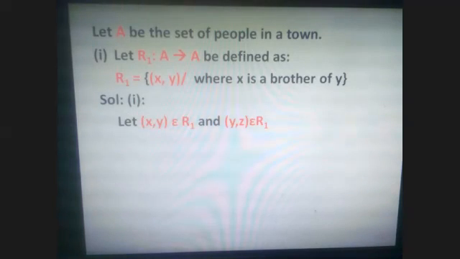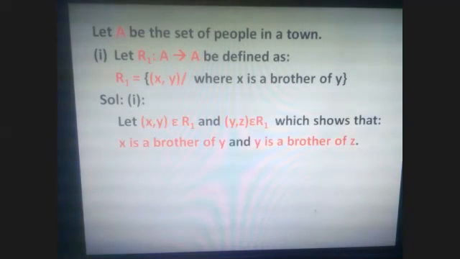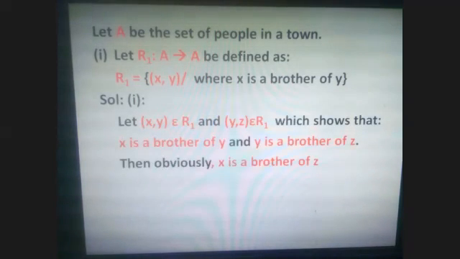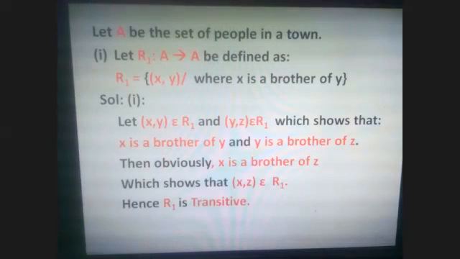Are you hearing? Yes, sir. Yes, x is a brother of y, y is a brother of z. Naturally, x is a brother of z. So (x, z) is a member of R1. R1 is transitive.